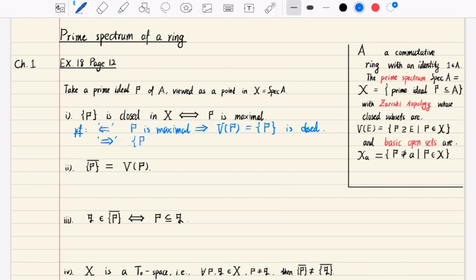The set {P} is closed, so it must equal V of some A, by the definition of closed subset.